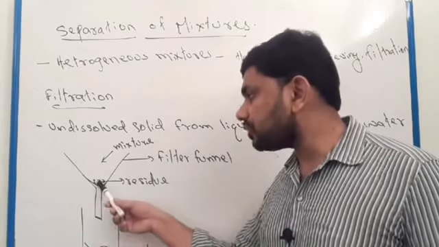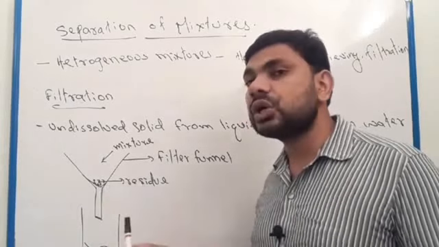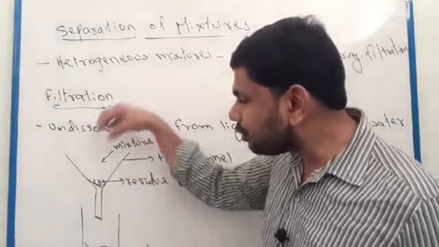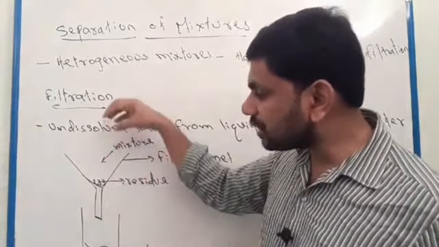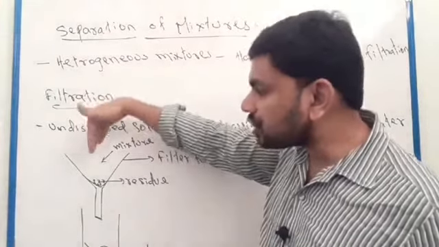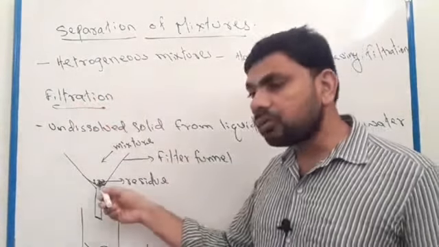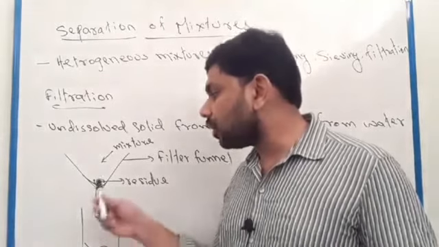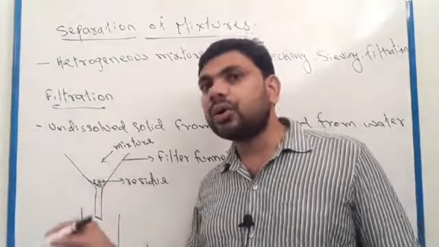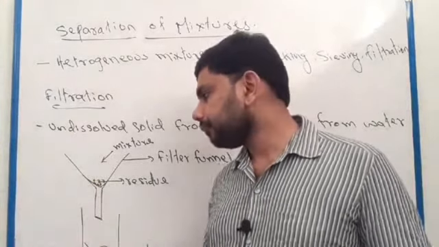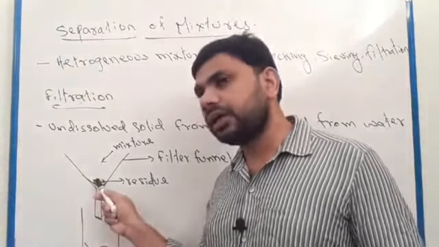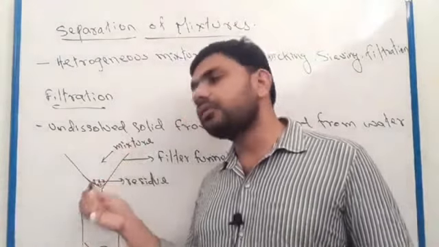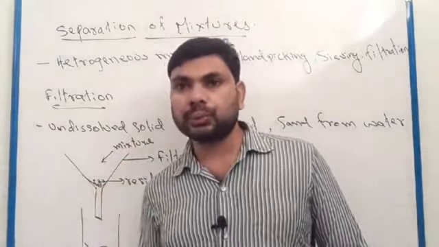The solid which stays on the top is called residue. For example, when you put sand with water on the filter funnel, sand will stay over here, only water will come down. The sand which stays here is called the residue.